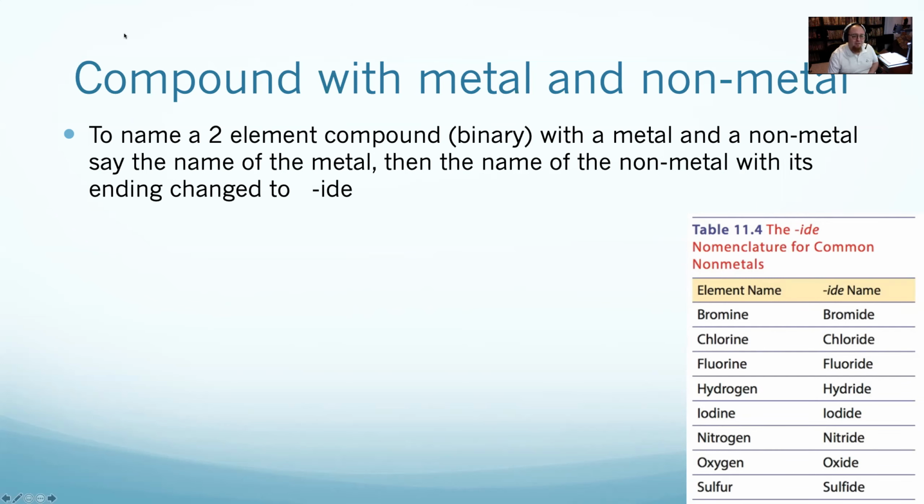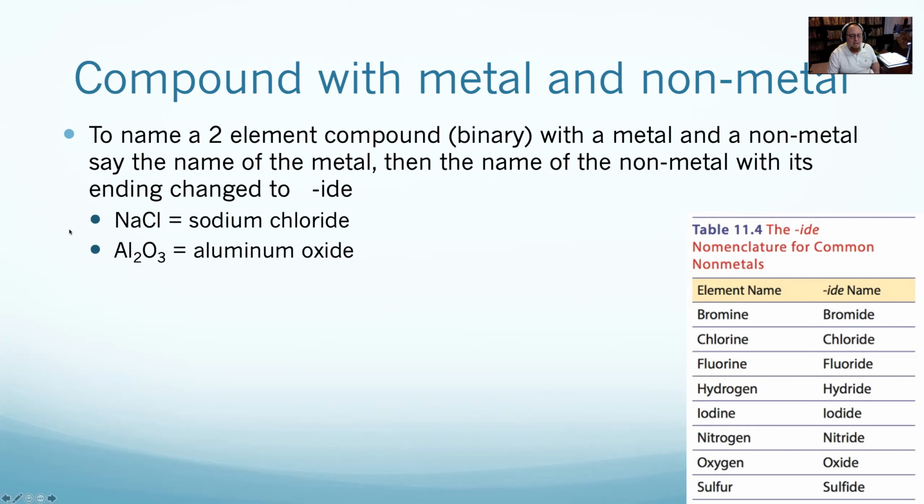And so, if I write in front of you NaCl, sodium is Na, Cl is chlorine. That's sodium chloride. Al2O3, Al is aluminum, O is oxygen, aluminum oxide, calcium nitride, and so on.